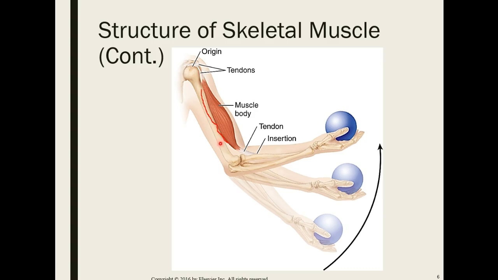The muscle body is the actual organ itself, and then the tendon that's attaching to the bone that moves is the insertion point. So when we're flexing our arm, show off those big muscles, the radius and ulna are being brought up to the humerus. So they're the ones that are doing the moving, so that lower part or the distal portion of that muscle is going to be the insertion point.